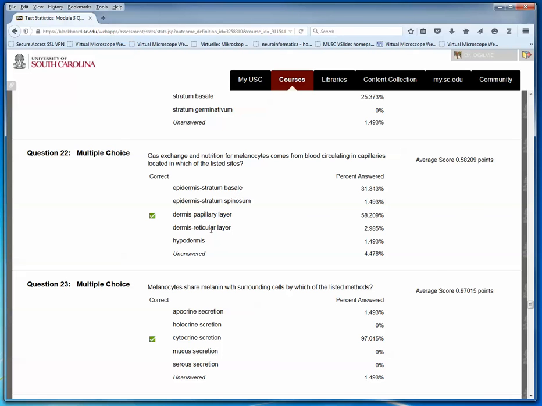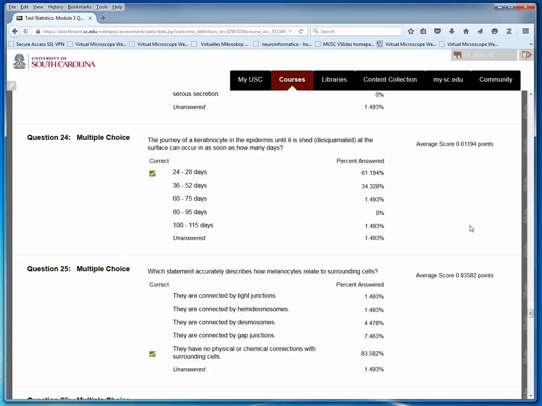And the dermis reticular layer does have blood vessels, but that's deeper. The dermal papillary layer, which is exactly beneath the stratum basale, where the melanocytes are, is the location of the capillaries that supply gas exchange and nutrition for melanocytes.